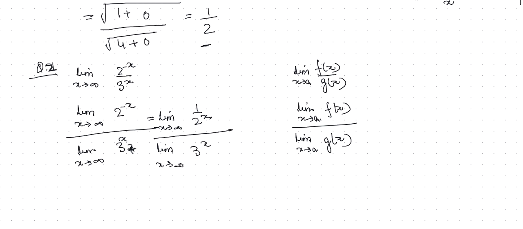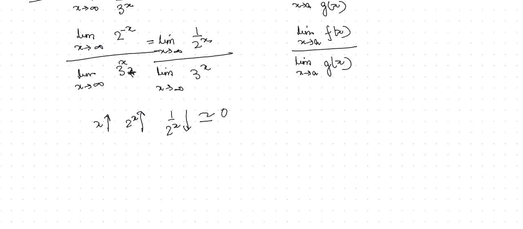So here we see that as x increases, 2 over x would increase and 1 over 2x will decrease and it will be close to 0. And same way here, as x increases, 3 over x will increase and it will be close to infinity.